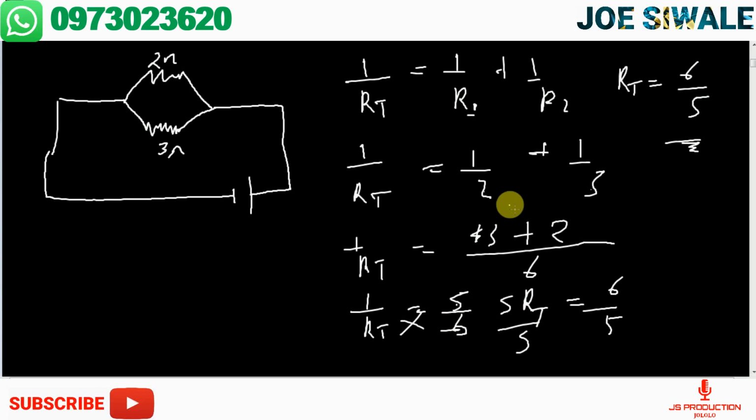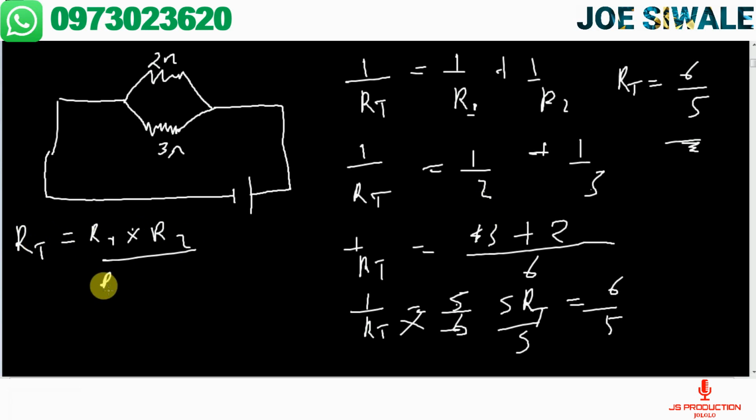So let us prove it by using the other formula that I had given. So the other formula, we're going to say total resistance goes to, we multiply, divide by the sum. So resistance 1 multiplied by resistance 2 divided by resistance 1 plus resistance 2. So resistance 1, we know that's 2 multiplied by 3 divided by 2 plus 3.